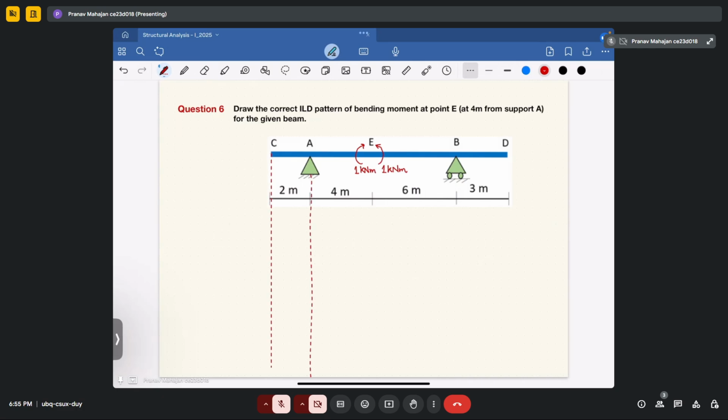Fine, so let's draw that. We have to only draw the qualitative bending moment diagram due to this unit load, not calculate the values for that.